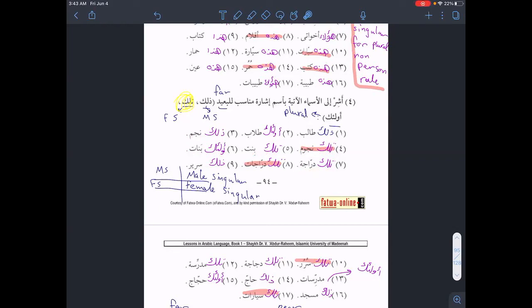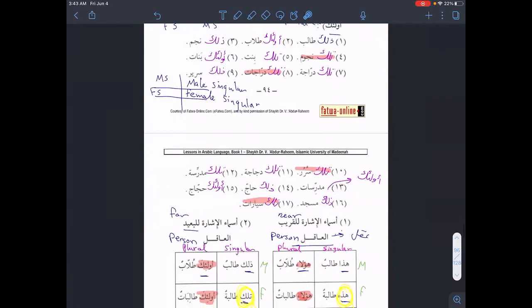تلك دراجة. تلك دراجات. ذلك سرير. تلك سرر. تلك دجاجة. تلك مدرسة. أولئك مدرسات. ذلك حاج. أولئك حجاج. ذلك مسجد. تلك سيارات.